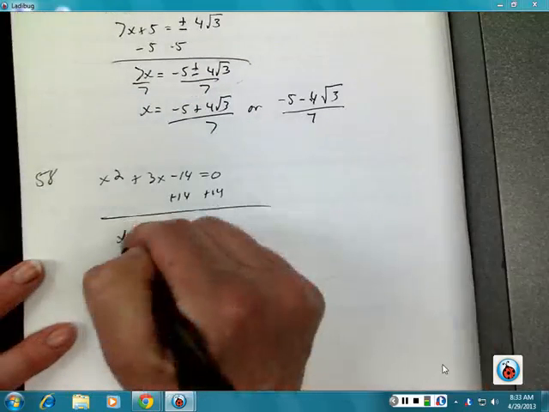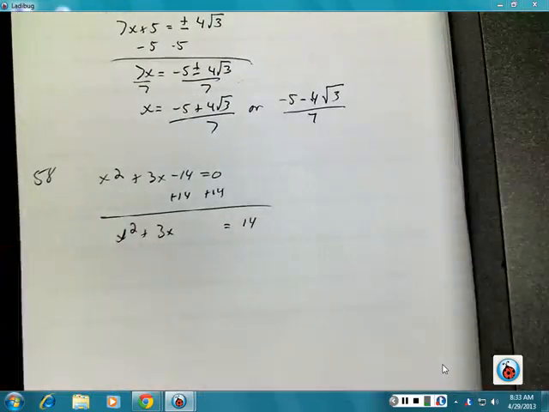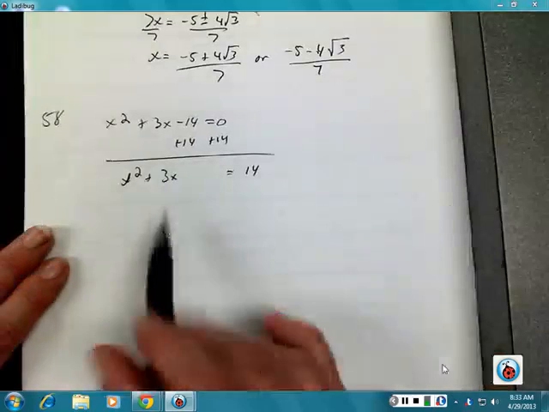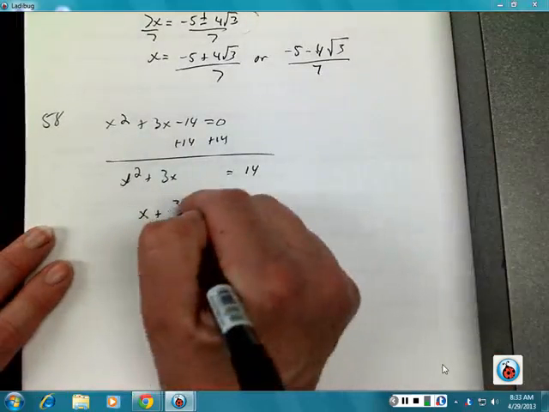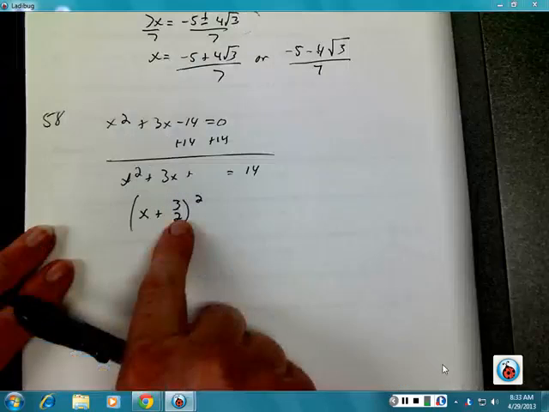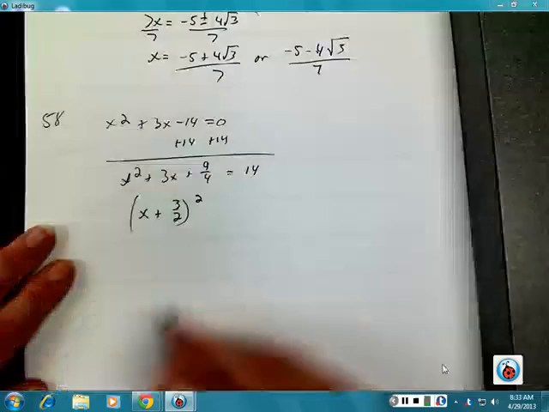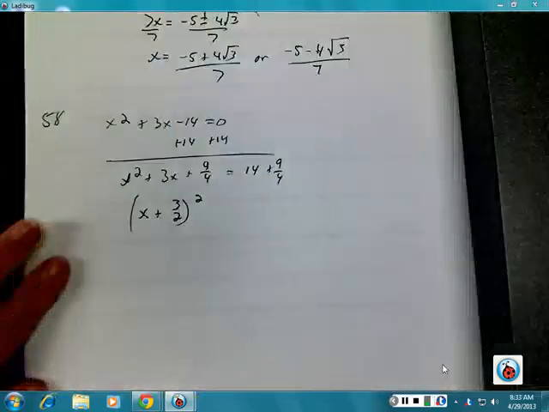So now I have x squared plus 3x equals 14. But to complete the square, I need half of 3. So I have x plus 3 halves squared. Then square the 3 halves and add it to both sides. So 3 halves times 3 halves is 9 fourths. So I'm going to add 9 fourths to both sides.